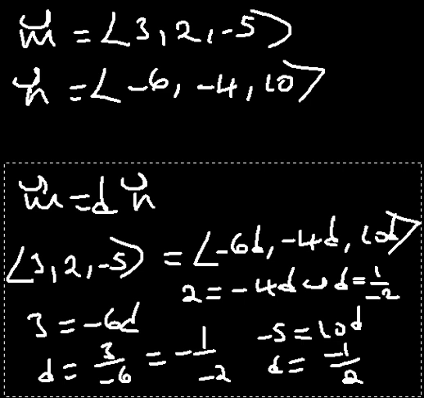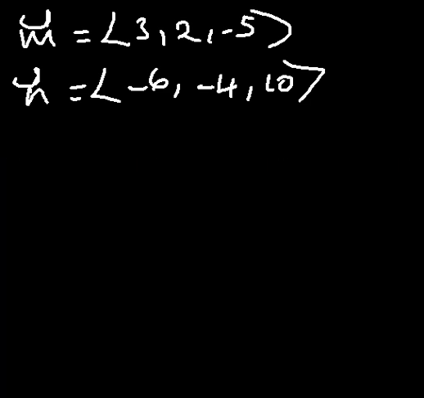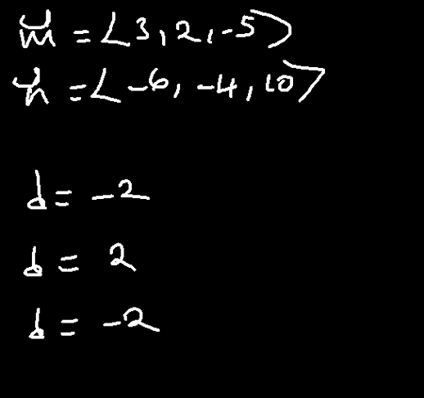So take note of that. From the fact that the value of d is negative, it means the vectors are going in opposite directions. If the constant d is, say, positive 2, they go in the same direction.